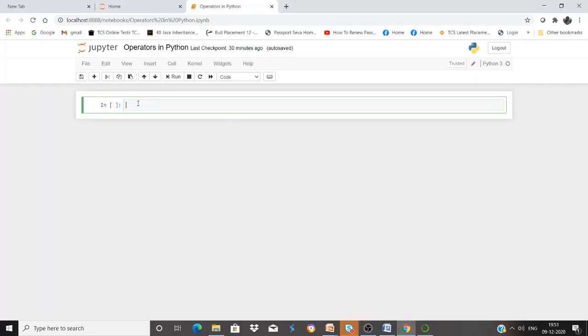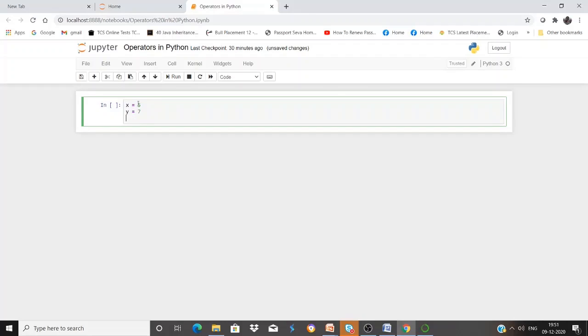Okay, so let's have a variable called x and assign a value 5 to it. Let's have another variable called y and assign 7 to it. We can perform operations between two variables, or two values, or between a variable and a value. Let's see that in action.